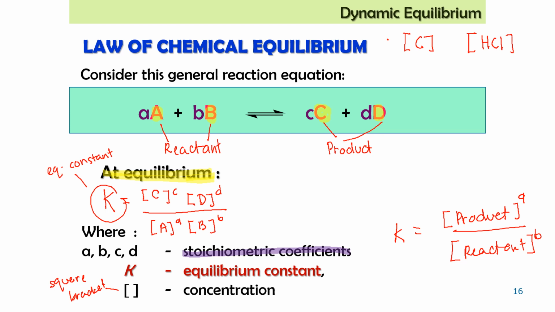Okay, it cannot be like this, concentration of HCl. This is wrong for how you write the representation of the concentration of the species.